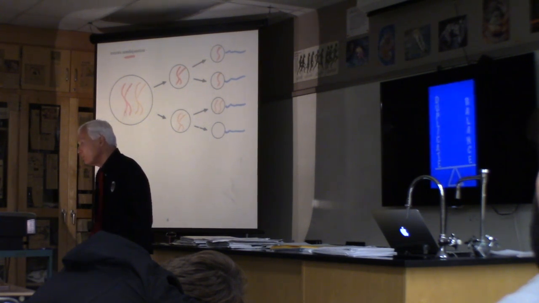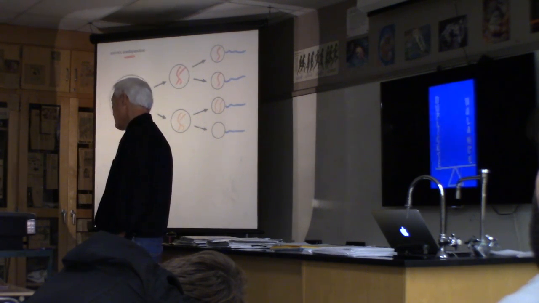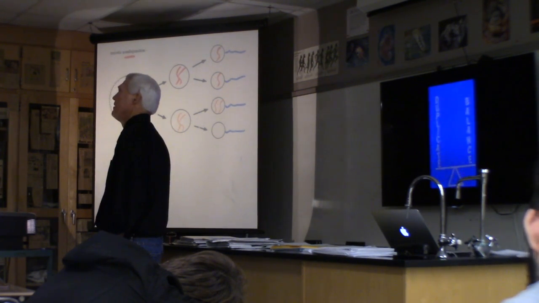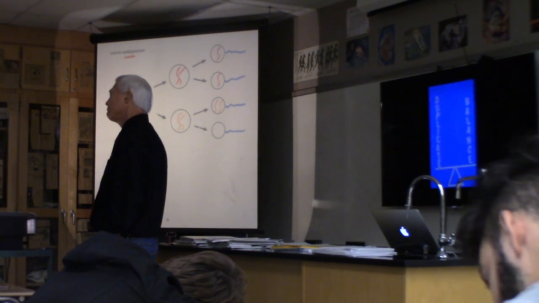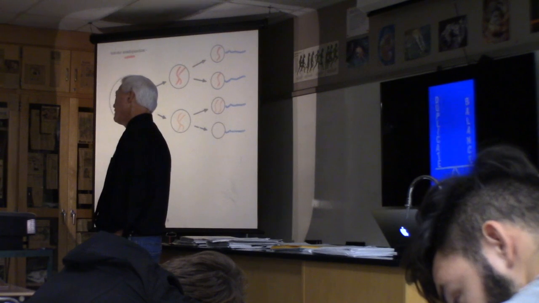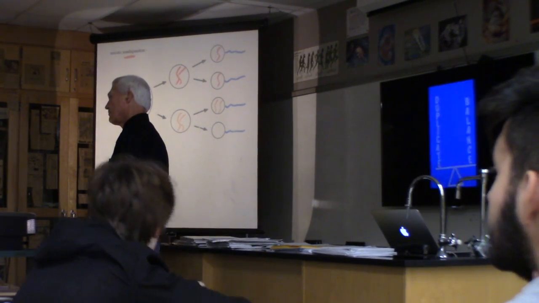Now here's the problem. Once a baby arrives in the world who has trisomy 21, all of the cells have trisomy. Every cell in his or her body has trisomy 21, and you'd have to go in somehow and turn off the extra chromosome 21 in each cell in the body, and there are trillions of cells.